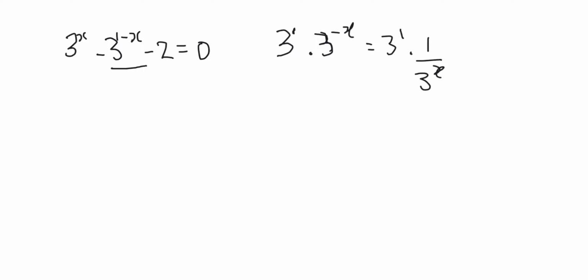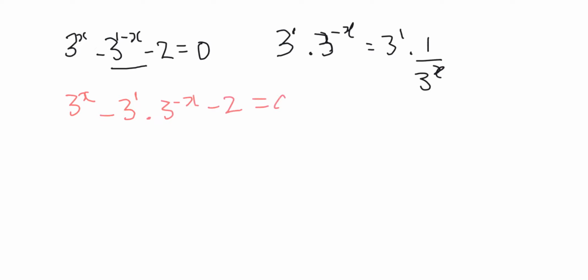So we are going to start with this now. We are going to say, all right, what do we need to do here? This is going to be 3 to the power of x, subtract 3 to the power of 1 multiplied by 3 to the power of negative x, subtract 2 is equal to 0.